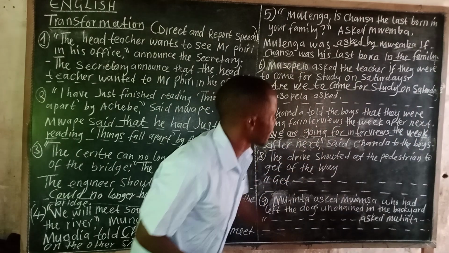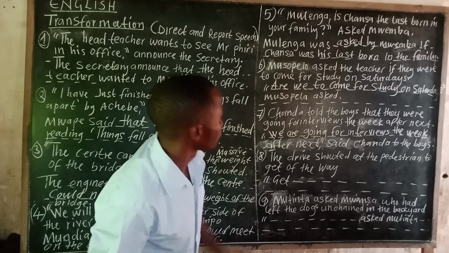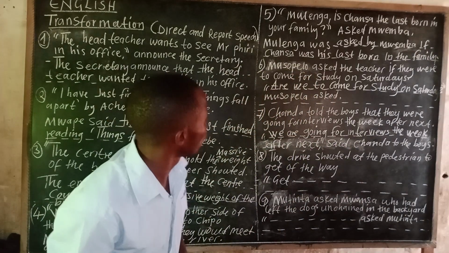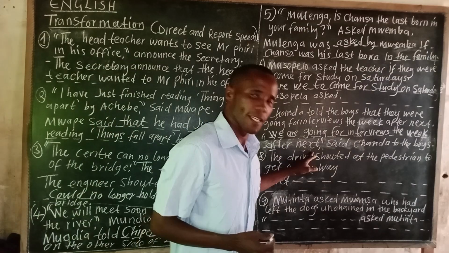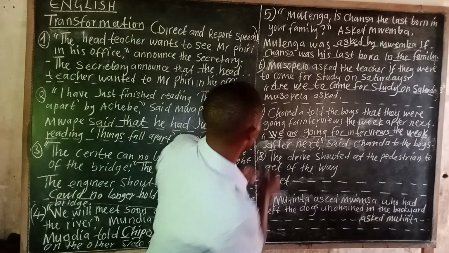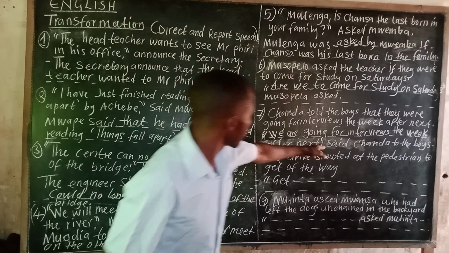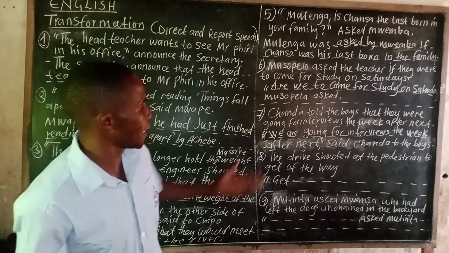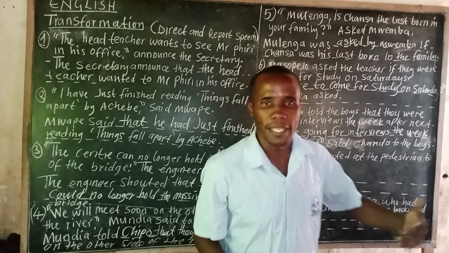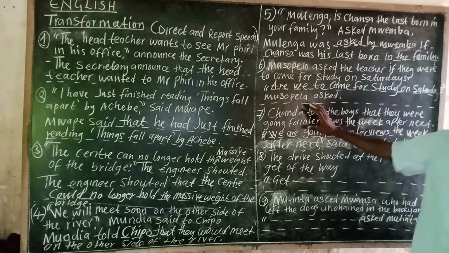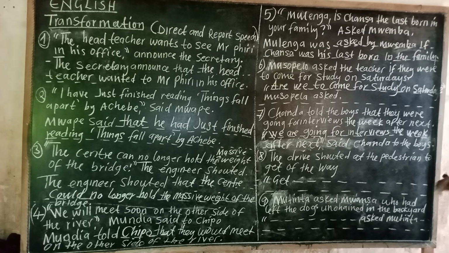Said Chanda to the boys, or Chanda told the boys. We opened with an inverted comma there, so again from there you close with the inverted comma. Then "said Chanda to the boys". It means you are done. You have actually written the reported speech into direct speech without changing any meaning.